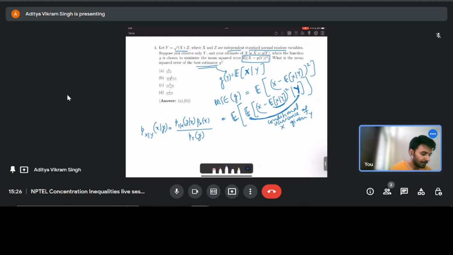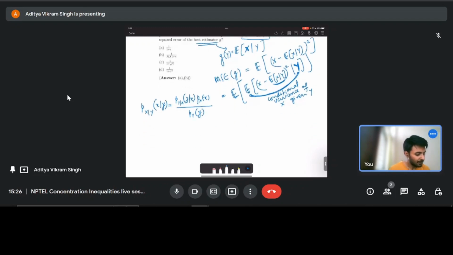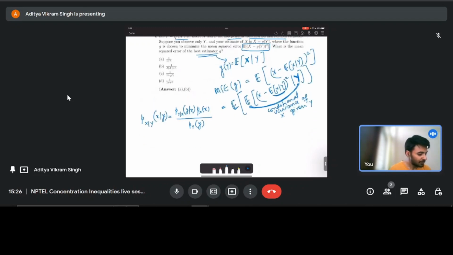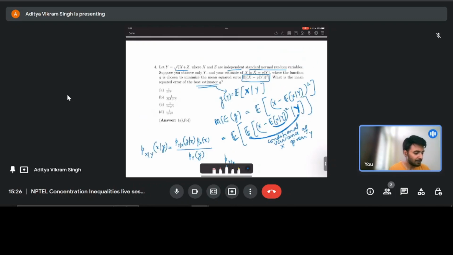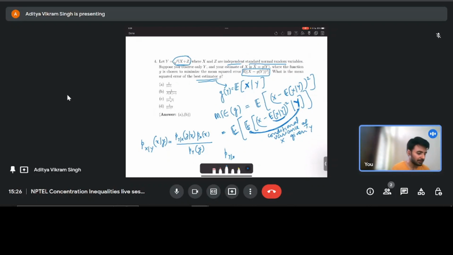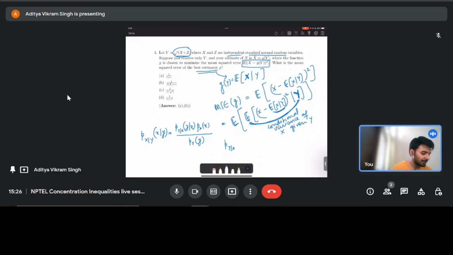So let's see, what is p of y given x? If you're given x, y is just root gamma x plus z, where z is standard normal, and you know x. When we say y given x, we assume that we know x.